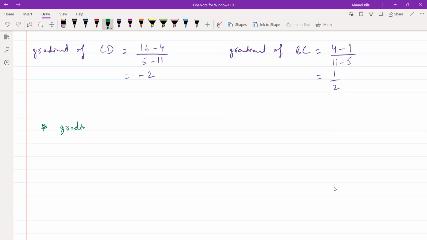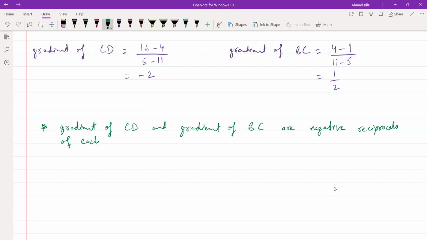gradient of CD and the gradient of BC are negative reciprocals of each other. Right? We can write it down like this. They are negative reciprocals of each other.